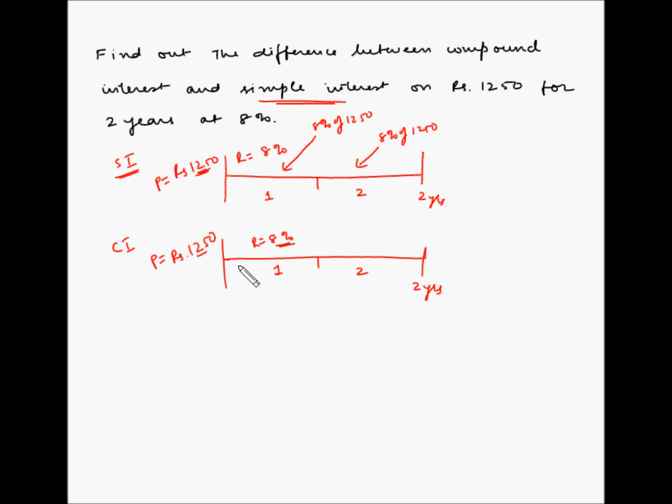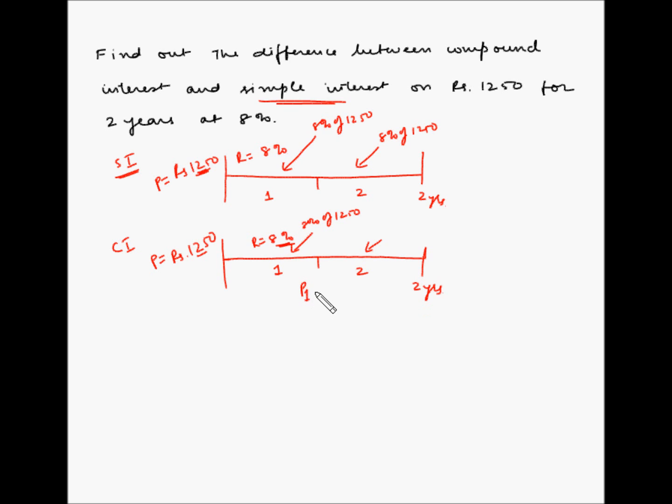However, in the case of compound interest, for the first year the interest is going to be 8% of 1250, but for the second year we will add the interest earned during the first year to the principal at the beginning of the first year, and that sum will become the principal for the second year.